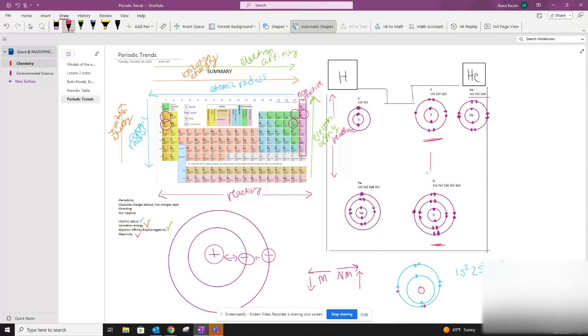As we move up the periodic table, up a group, we're going to have a higher reactivity because it's going to be easier for you to gain that electron. And as we move across, it's going to be more likely for you to want that electron. And so that is why my reactivity for nonmetals is going to go in those 2 directions.